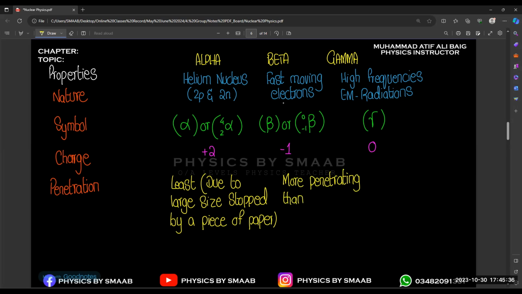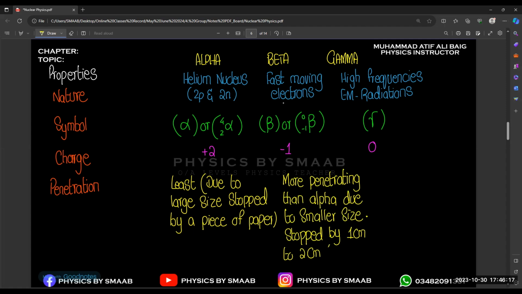So its penetration power is greater than alpha due to smaller size, and it can be stopped by 1 centimeter to about 2 centimeter thick aluminium sheet, right?